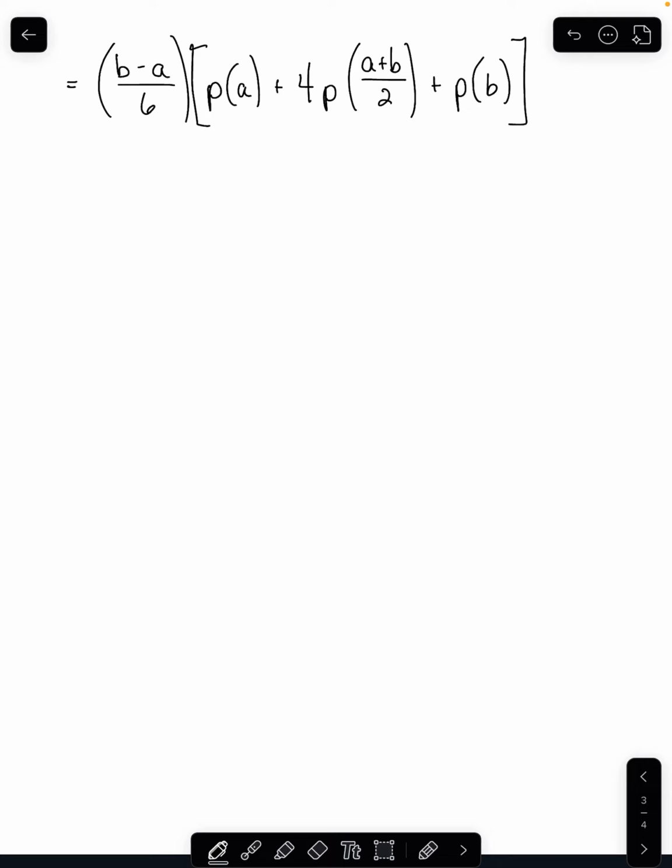Now you might say, but don't I have to plug those endpoints of the interval into the polynomial? So don't I need to know what the polynomial is? Well, actually, no, not when we apply this to an actual function.